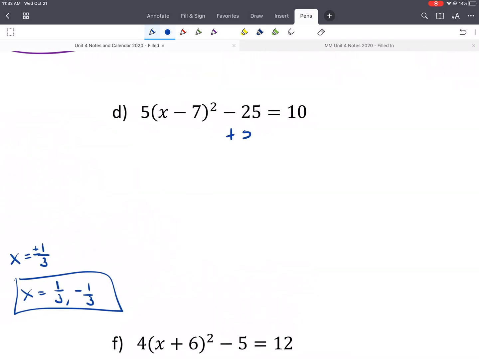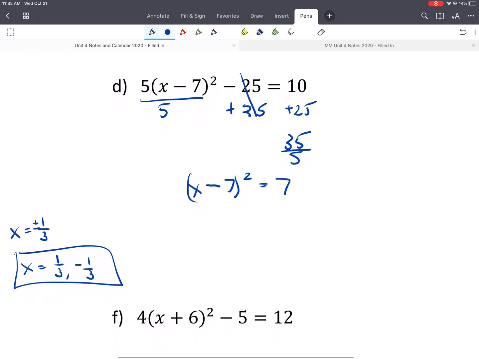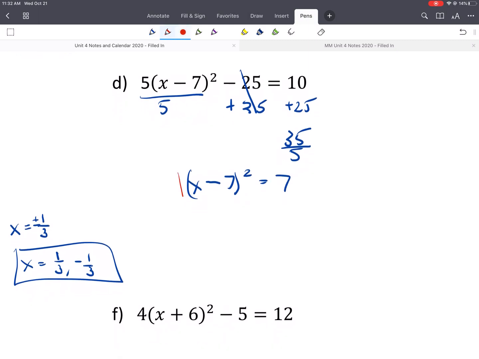So we'll add 25. That ends up giving us 35. And then we'll need to divide both sides by 5. That gives us 7. So we have x minus 7 squared is equal to 7. We'll square root, plus or minus.